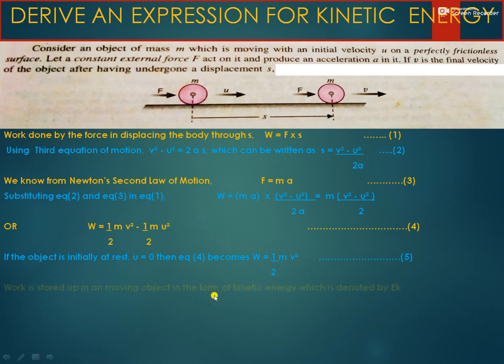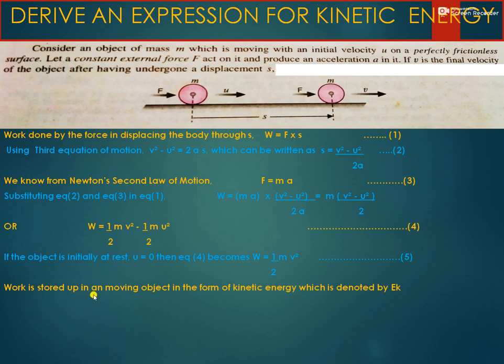Now we got the formula, students. Work is equal to half mv square. Here work is done because of energy, and the energy is in the form of kinetic energy.